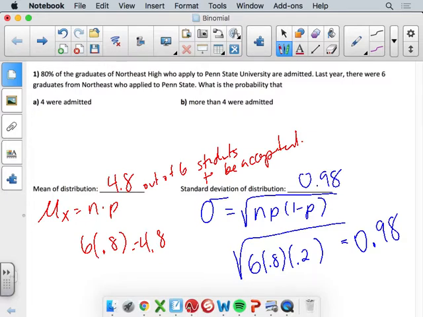So the reason I wanted to do this first is because we expect 4.8 students out of 6 to be selected, but it could go plus or minus to like 4 or 6 students, which is why our probabilities were pretty high on these up here. 65% chance, and this one was like 24.6.